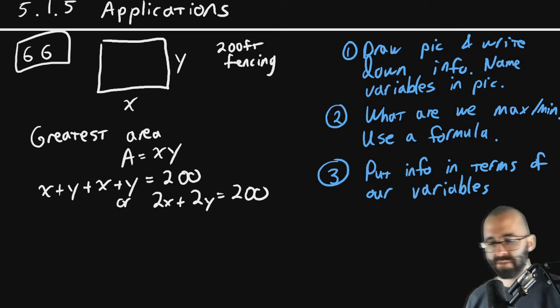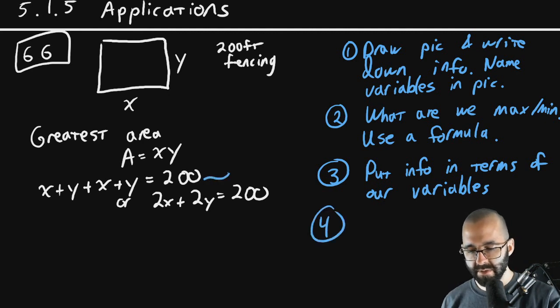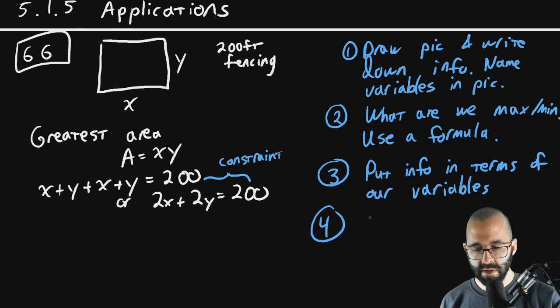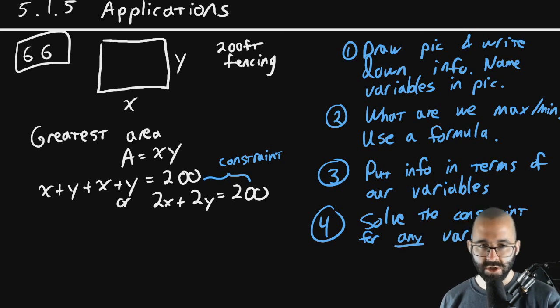So step 4. And again, this is called the constraint. Solve the constraint equation for any variable. It doesn't matter which one you choose. Just choose a variable, solve for it.